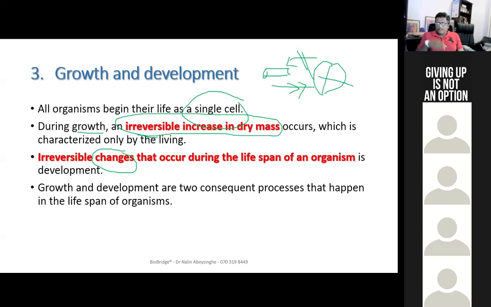After some time, they start walking. They try to sit, then stand, then walk, they acquire certain skills, they start smiling, they start showing expressions. All those are childhood development. We call them developmental milestones in children.